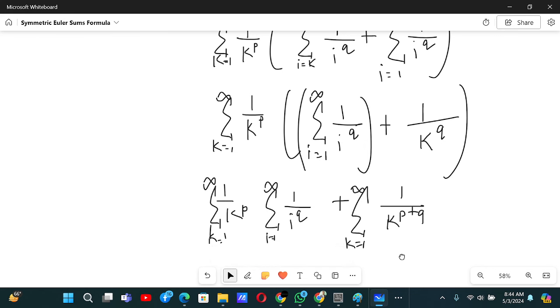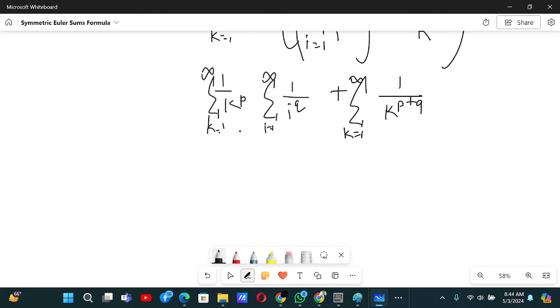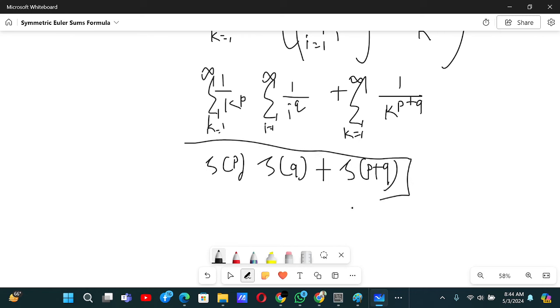Now this is just Riemann zeta of p, this is Riemann zeta of q, plus this is Riemann zeta of p plus q. And that is the required result that we need to prove, isn't it? Riemann zeta of p times Riemann zeta of q plus Riemann zeta of p plus q.